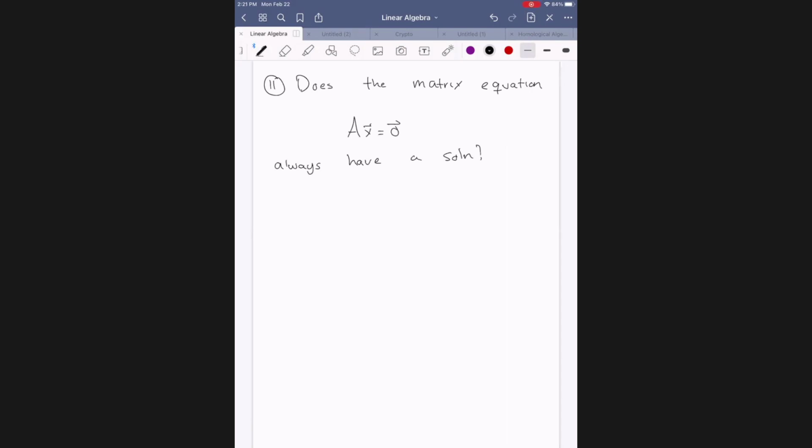So you can just say, if its inverse exists, that's only for that. All that means is that you will have a unique solution if its inverse exists, right?